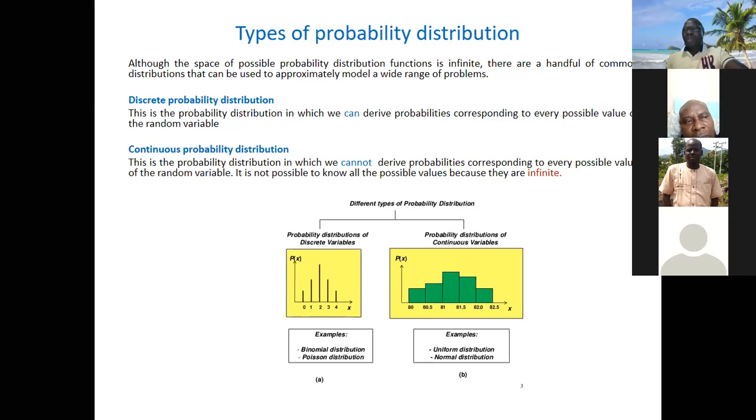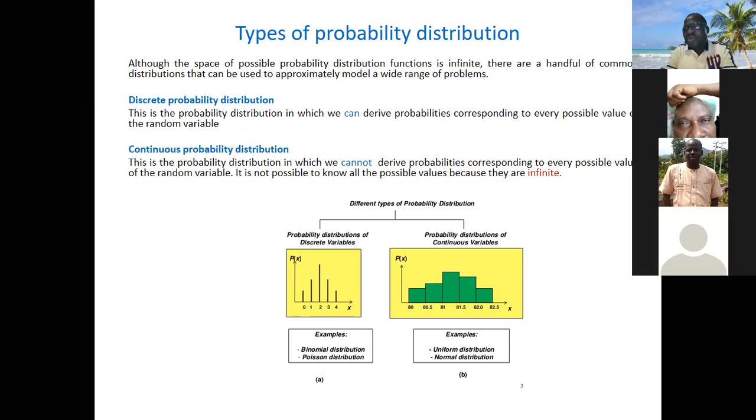So when we talk about probability, that's just the concept. But now we want to quickly look at the different types of probability distribution. There are many types, but they can be grouped under 2 categories, which are discrete and continuous.